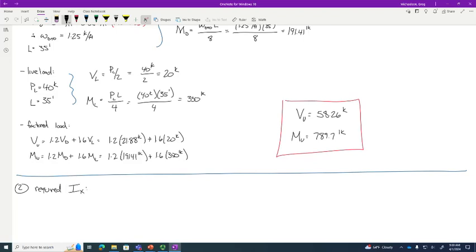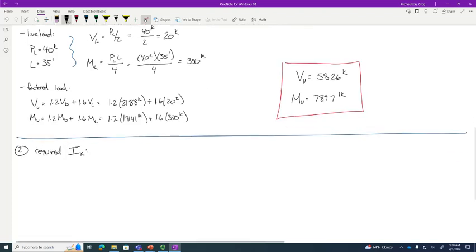Let's look at a required IX. So, if you recall, during our last example that we did in class, we actually found that the deflections govern the design, which is very possible, especially on a problem like this where the deflection limits are kind of tight. So let's look at our required moment of inertia for this problem. We know two things.